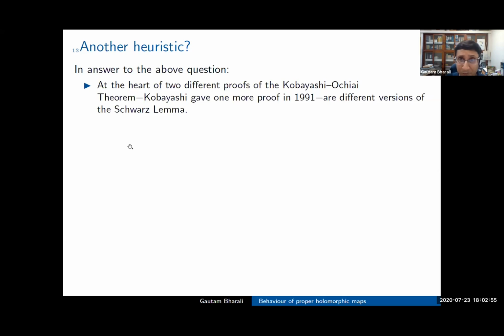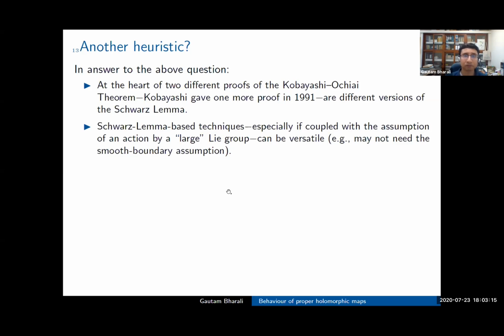One steal that I can perform is the use of the Schwarz lemma, because there are actually two different proofs of the Kobayashi-Ochiai theorem. Kobayashi gave yet another proof of the original theorem, which is from the 70s, in 1991, and both proofs use versions of the Schwarz lemma.